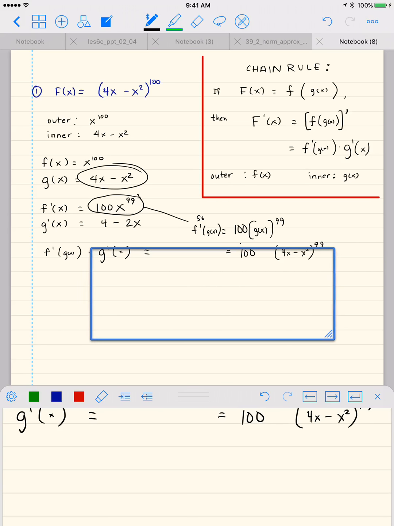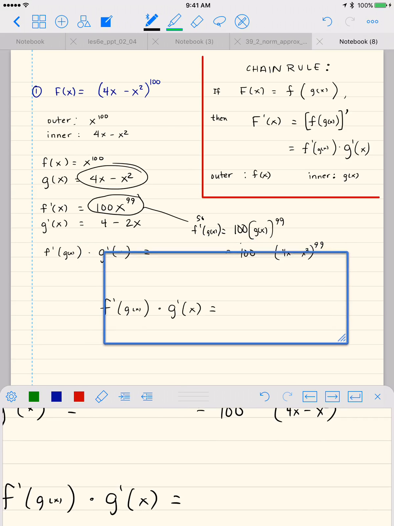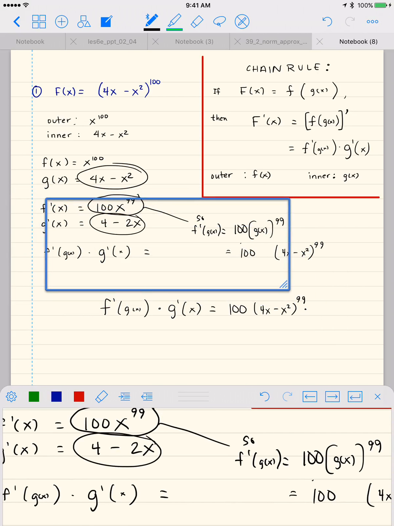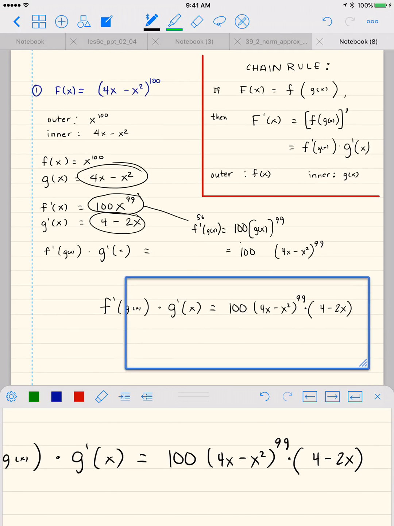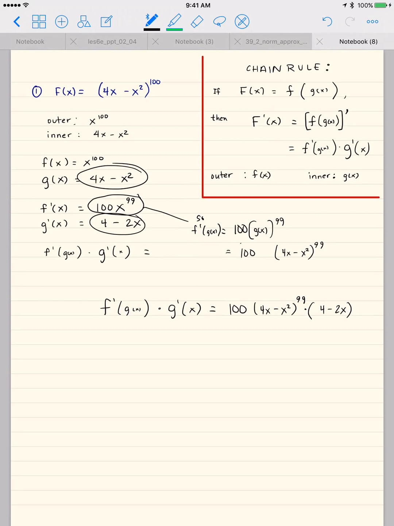Okay, so let's put this here. So my f prime of g of x times g prime of x. So I've got 100 times 4x minus x squared quantity to the 99th power times 4 minus 2x. Okay, and so actually that's a good way to write our answer.